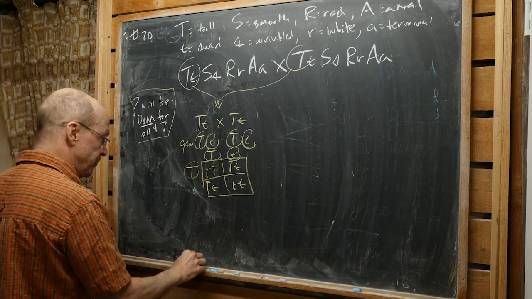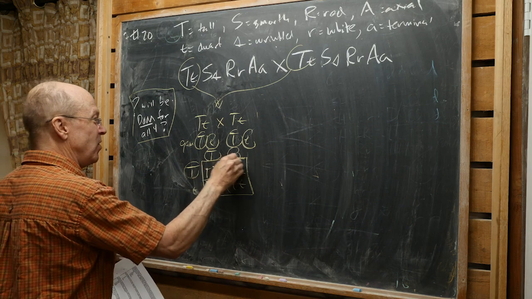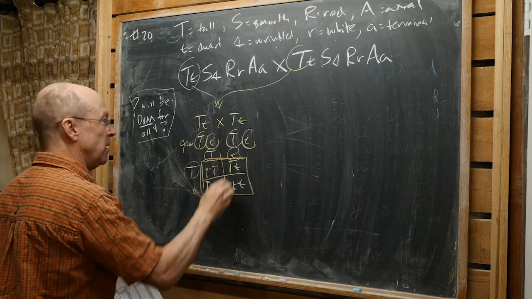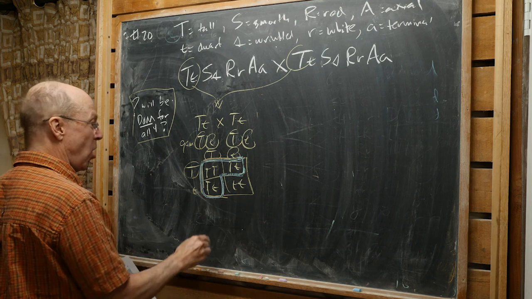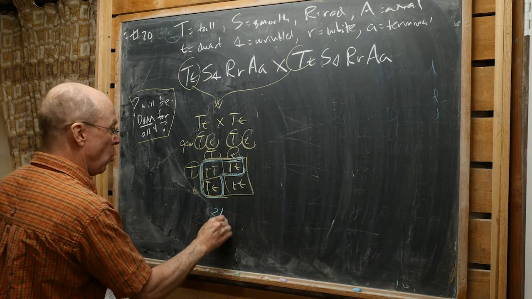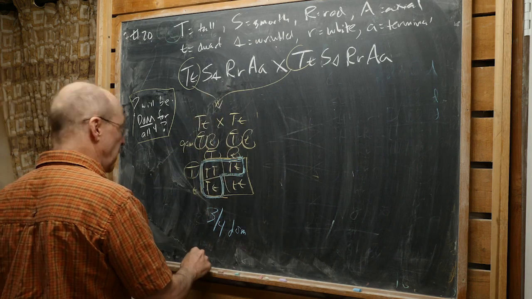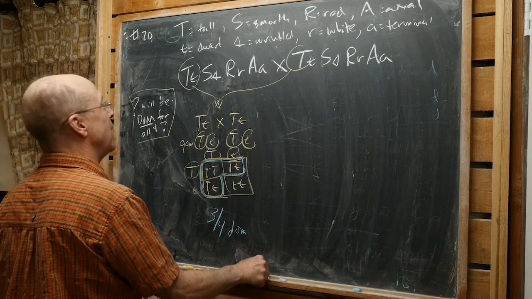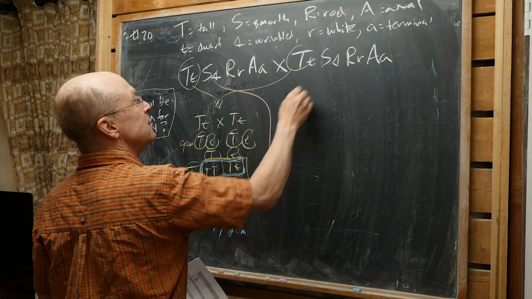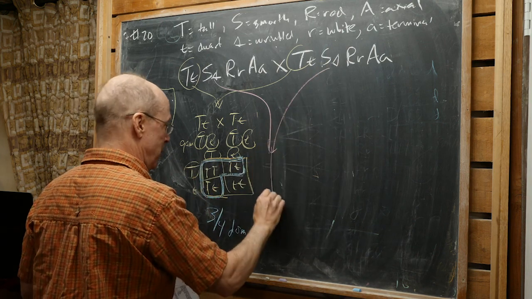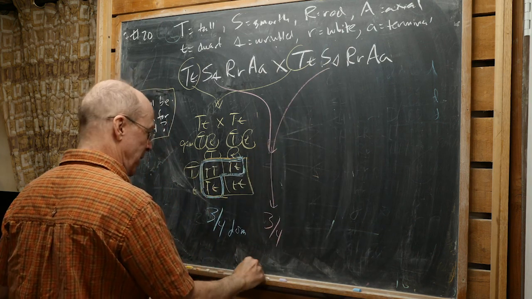We can see that these ones here are dominant. 3/4 will be dominant. And then guess what? All of these are the same. So then we do the S's, and we end up with 3/4 dominant.